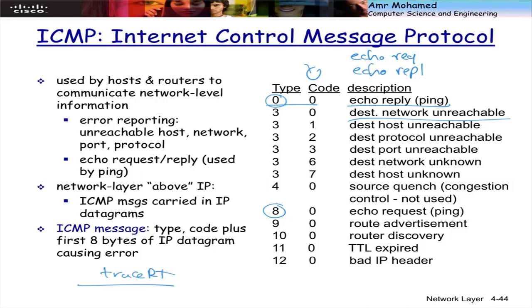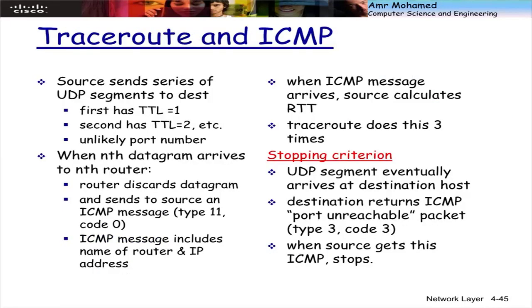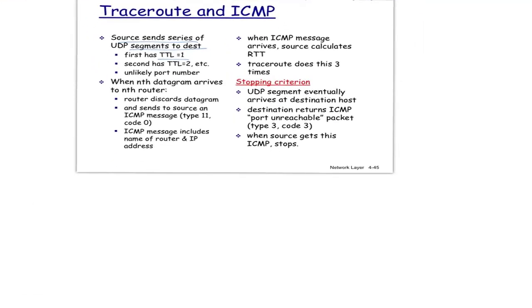The traceroute command relies on TTL expired. It will send you an ICMP type 11 with code 0 to indicate that TTL expired. If you want to do traceroute, you send a message to a destination with TTL equal 1.